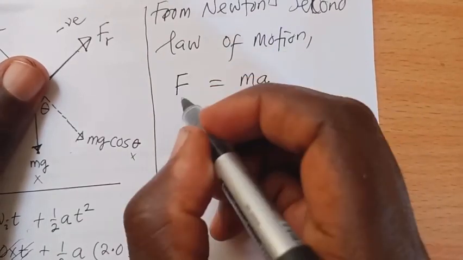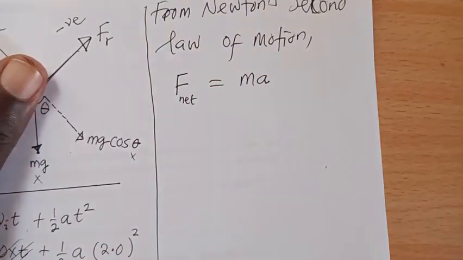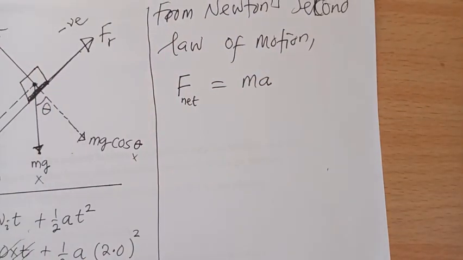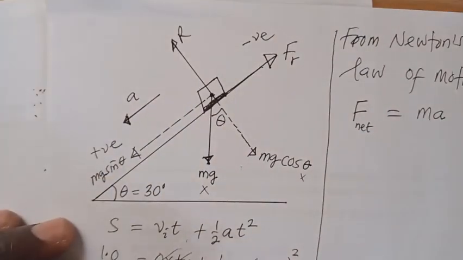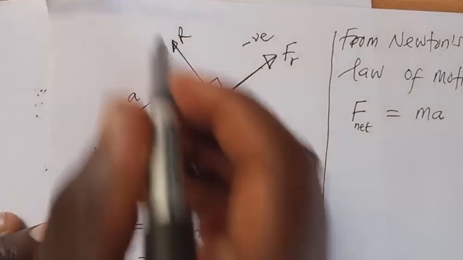But do not forget that this force is a net force, meaning a resultant force. And the resultant force, how do we get the resultant force? Remember, I told you this one and this one cancel each other.